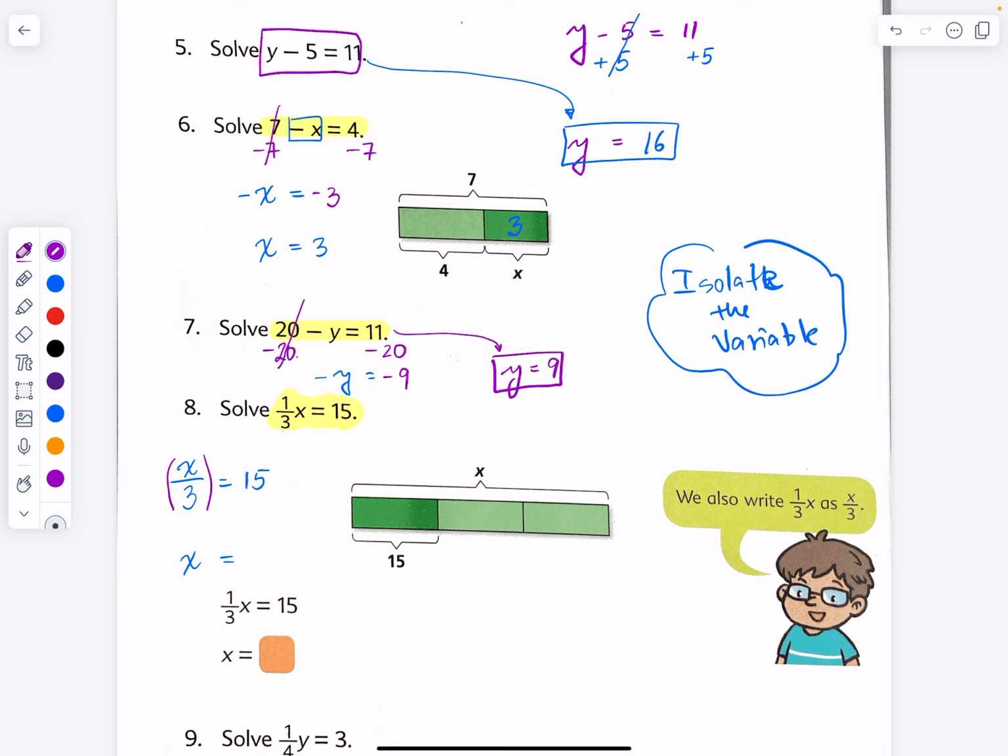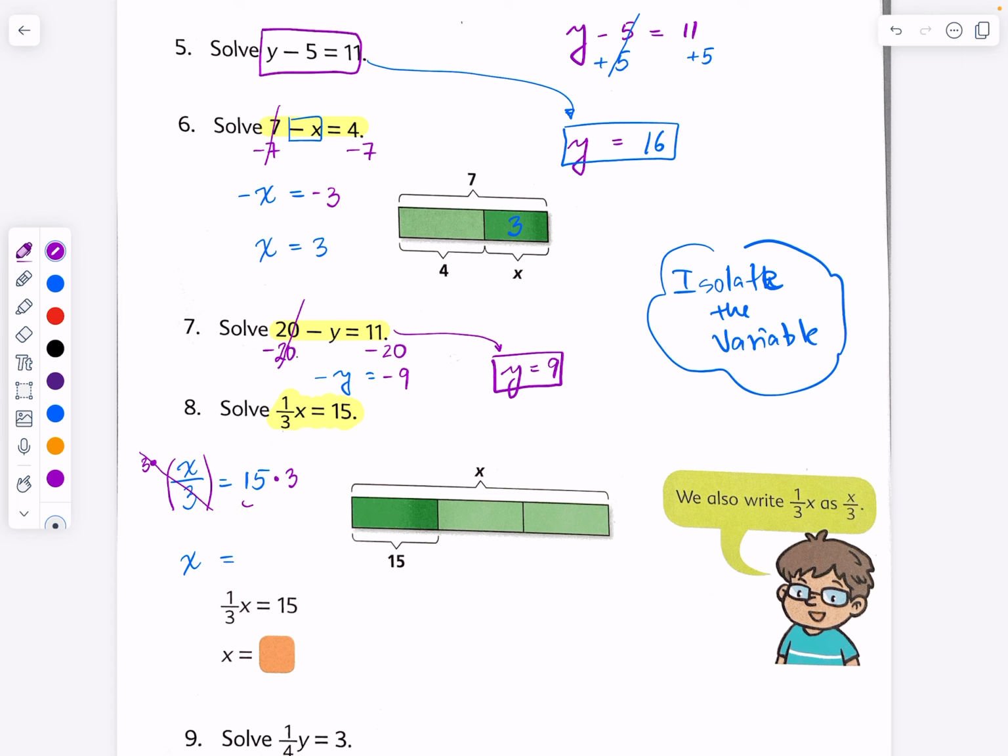What is the inverse operation of division? Of course, multiplication. We must multiply 3 times. By the way, this is not 3x. 3 times x over 3 on the left, and 3 times 15 on the right. What we do to the left, we must do to the right. Look what's happening. On the left-hand side, 3 times divide by 3 will cancel down to 1, which is what we want. We now have x, 1x by itself.